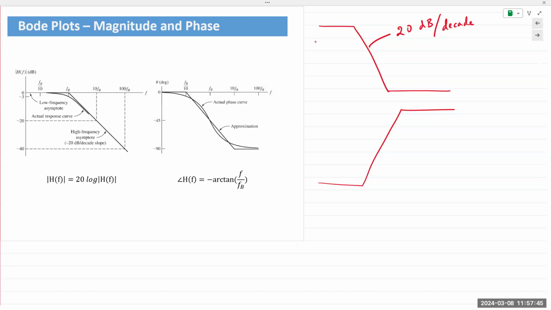And the slope of that has a value of 20 decibels for every decade change in frequency, meaning as you go along on the x-axis, the slope starts losing value at 20 decibels for every decade. It's the exact opposite when it's a high pass filter. The slope is still 20 dB per decade.